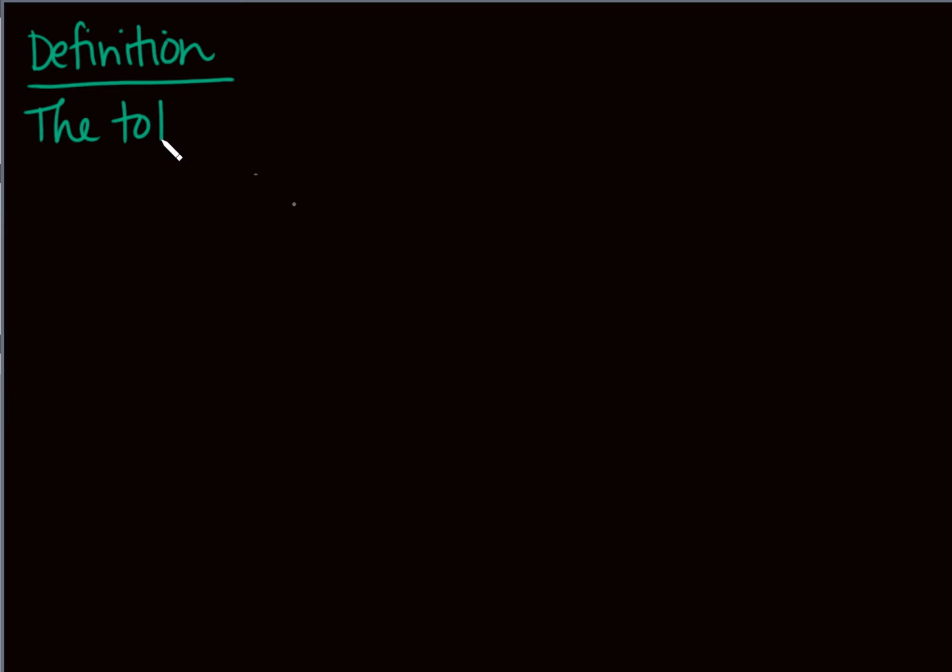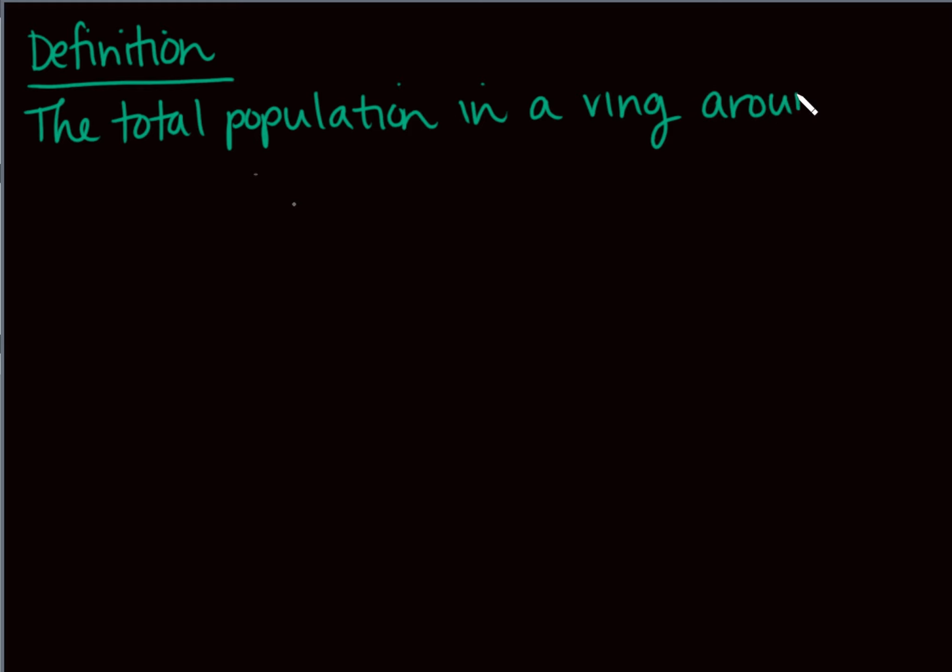But the definition here is that the total population in a ring around a city, or maybe around a center, because you're going to do a problem where there's lava. So I love saying that word too.